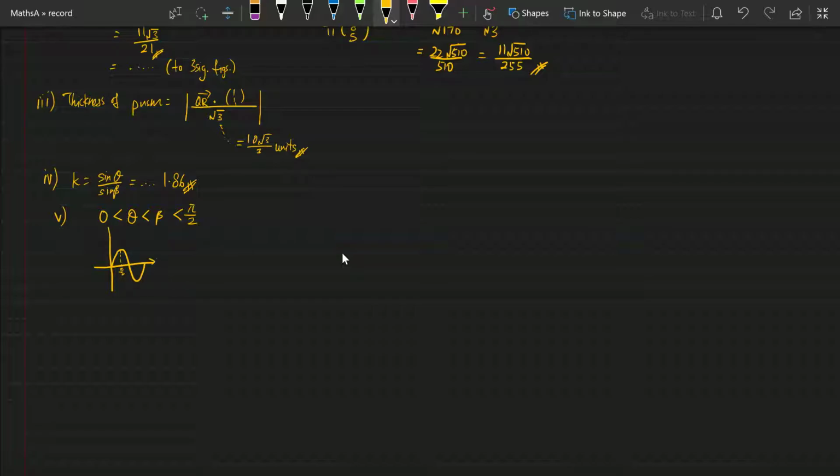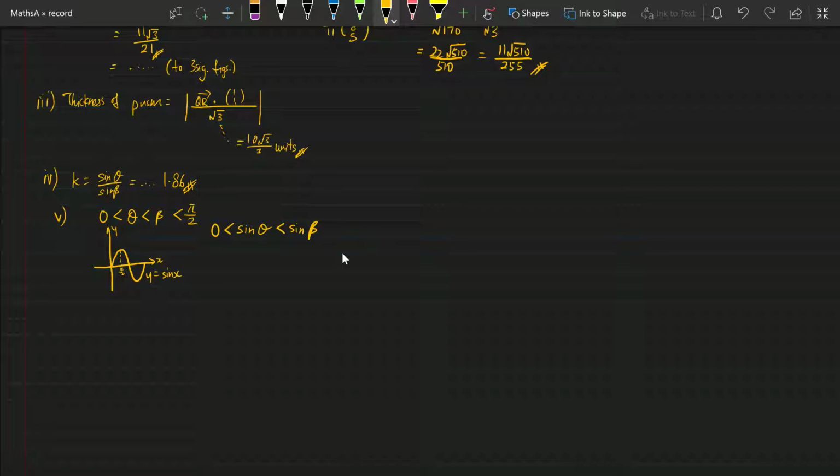This is x, this is y. So if you have this value beta bigger than theta, the value of the sine will be larger also. Means sine beta will also be greater than sine theta. If the x value is larger, within the first quadrant the sine value is also larger. So 0 < sine theta < sine beta.